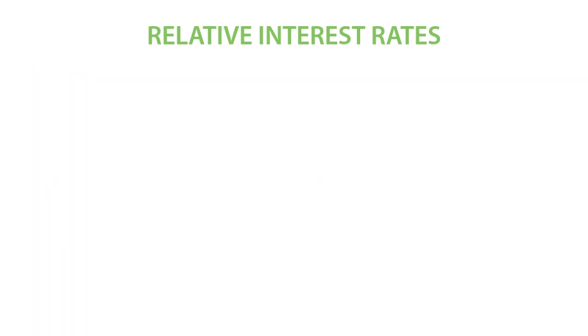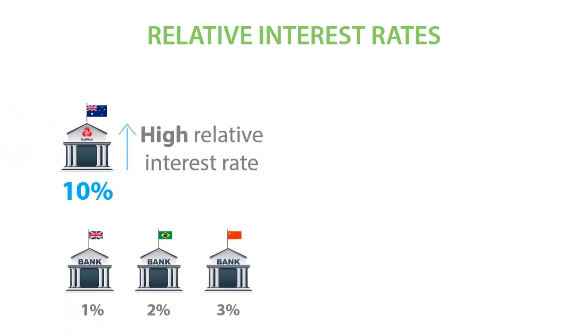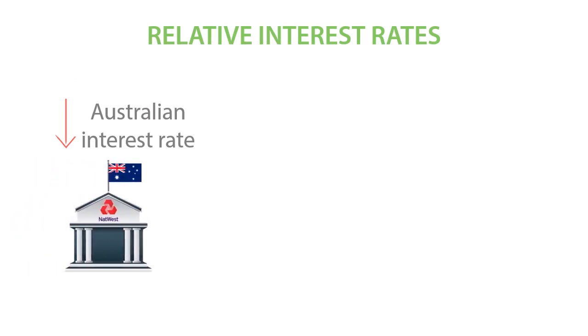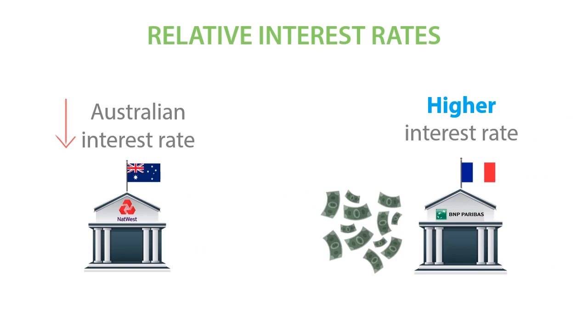So, if a country's interest rate is relatively high compared with the interest rates in other countries, the value of a currency will appreciate. On the other hand, if Australia decreased their interest rate, hot money would flow out of Australia to a country with a higher interest rate.